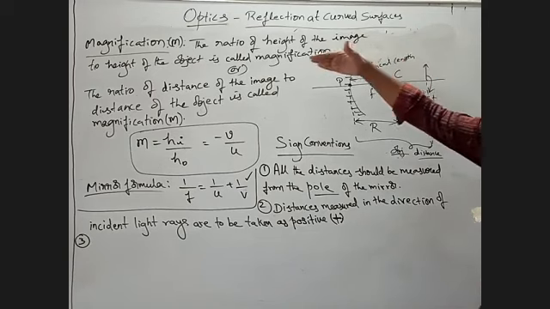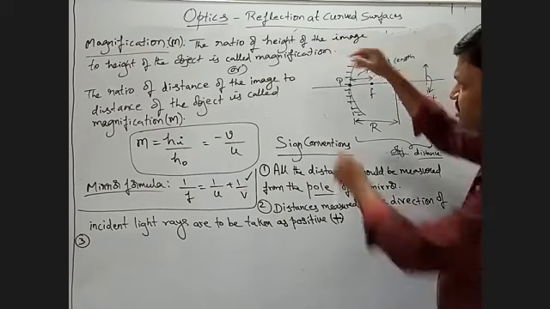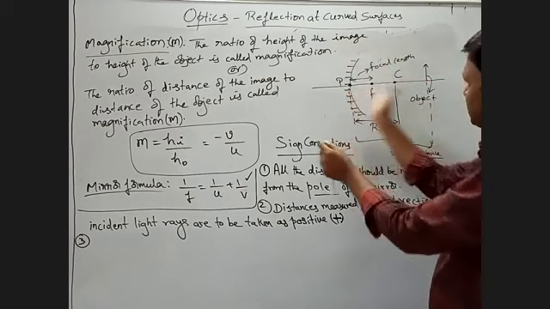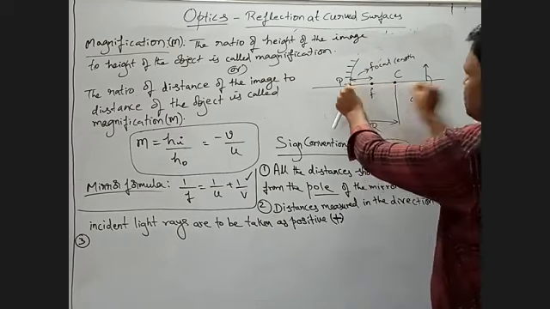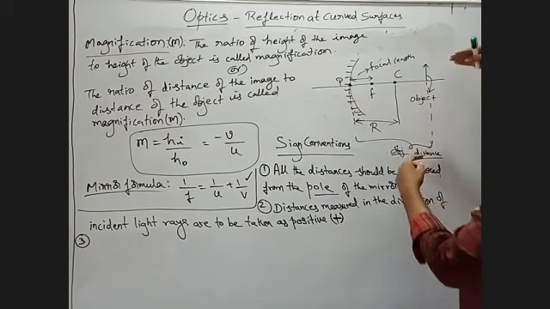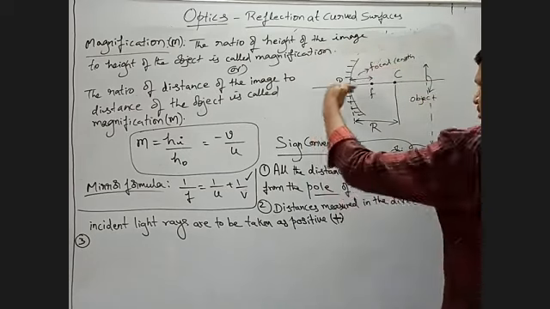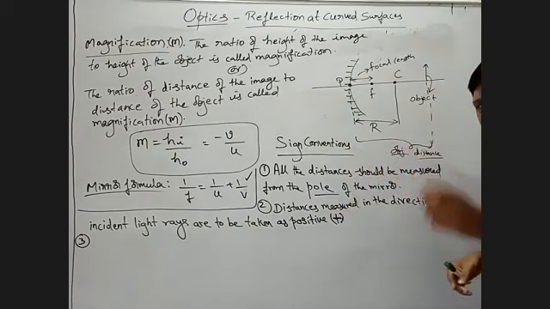So this is the direction. Now you should measure in this direction. All the measurements are from the pole in the center. If the direction of the light is like this and you are measuring like this, in such a case, you should take the measurements as negative.